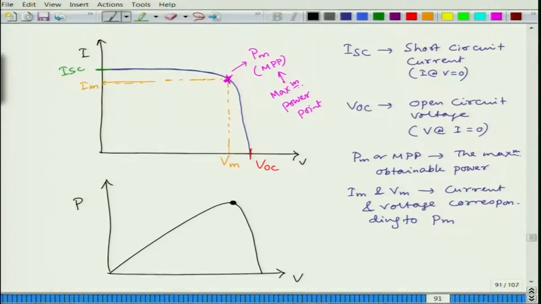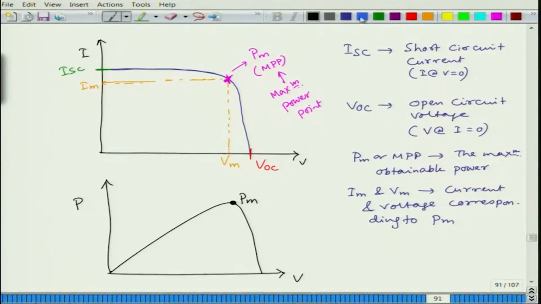This will be the maximum power point. So, when the voltage starts from 0, at 0 the power will also be 0 and it increases as you go up, and then it decreases sharply near the VOC. Okay.